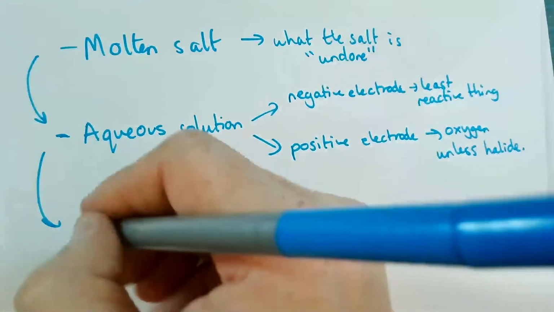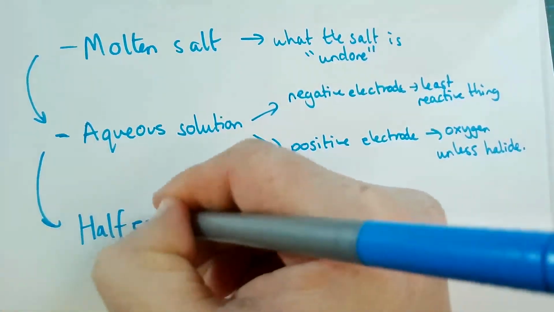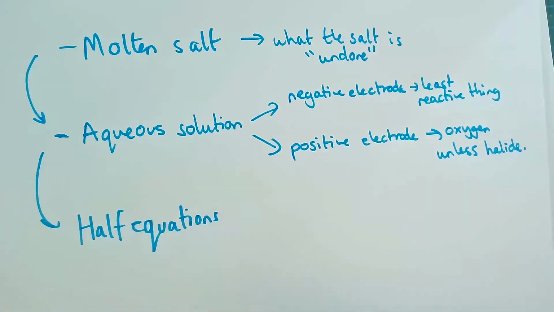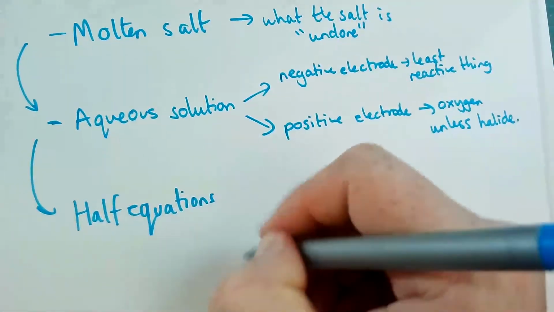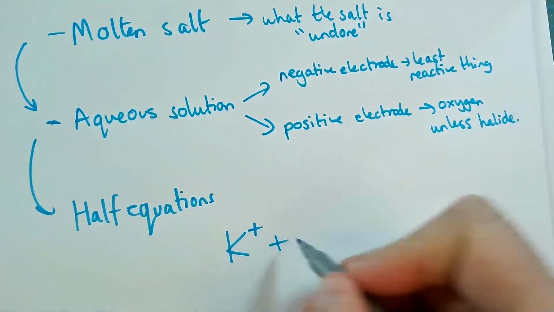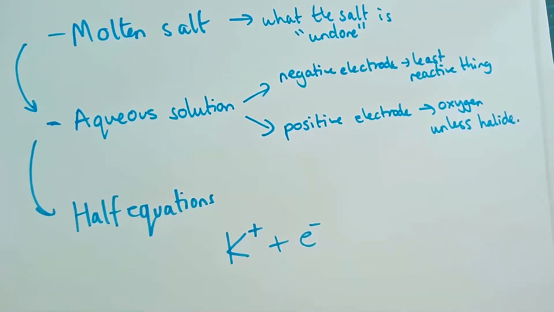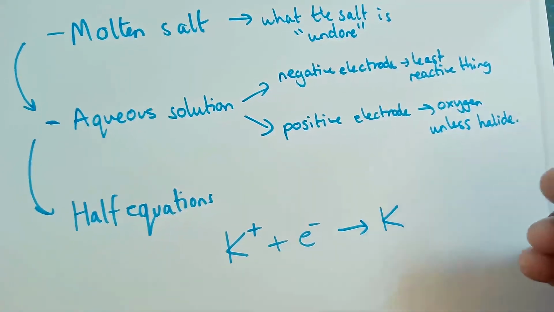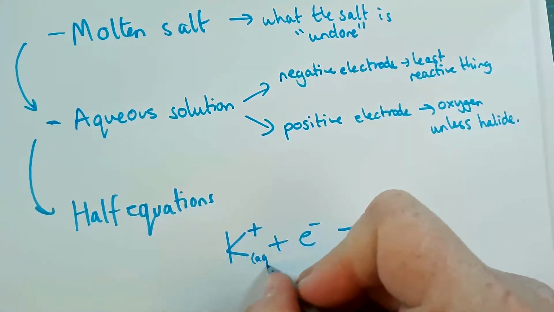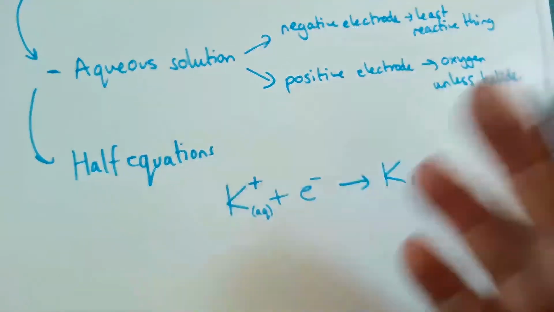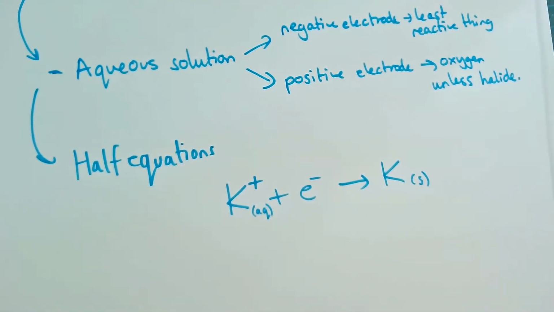Now your next rung on that ladder is half equations, and that's what's actually going on at the electrodes. If I think about potassium, it's K plus. At the negative electrode, it's going to pick up one electron, and that makes our potassium metal. You can add state symbols. At the other end, let's say it was potassium oxide.